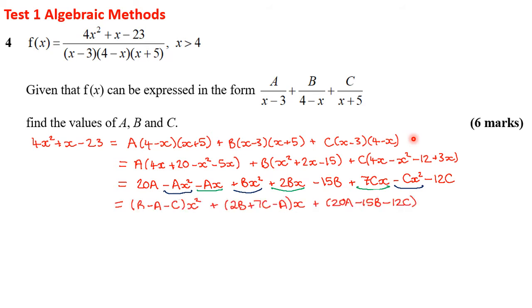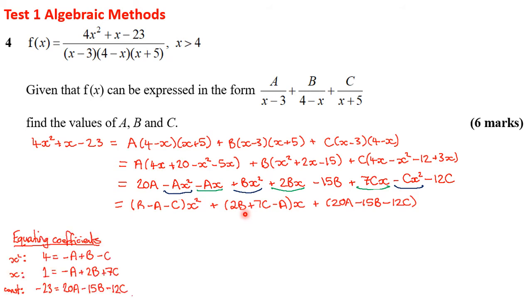Grouping those together gives us these, and at this point we can equate coefficients. So I can see I've got 4x squared over here, and on this side I've got b minus a minus c x squared. I've got 1x on the left hand side, and that's my coefficient of x on the right hand side. So equating coefficients gives me these three equations.